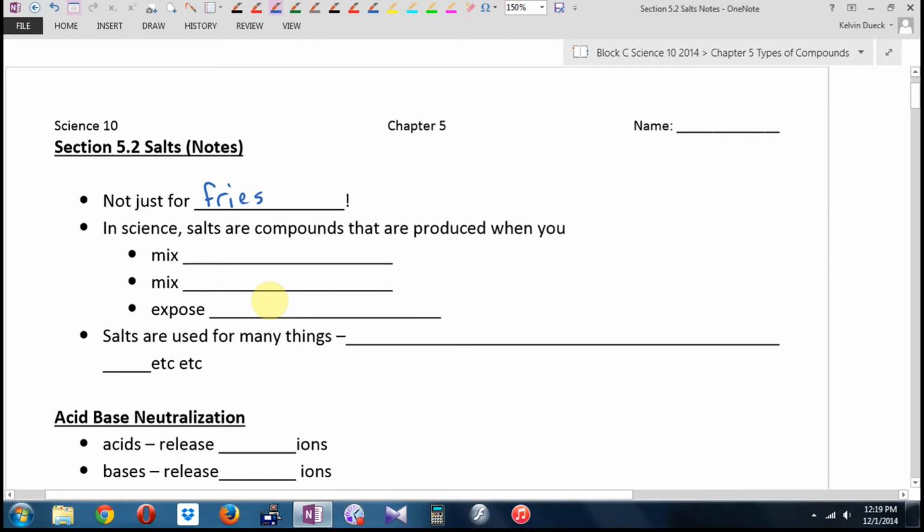The first way is if you mix an acid and a base. One of the outcomes will be a salt.